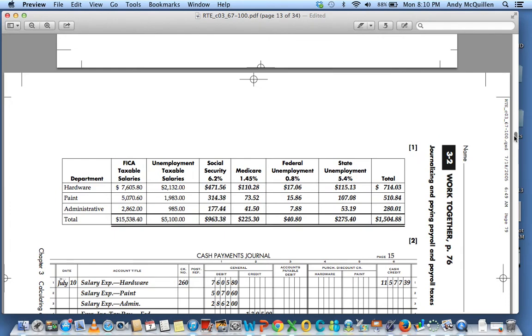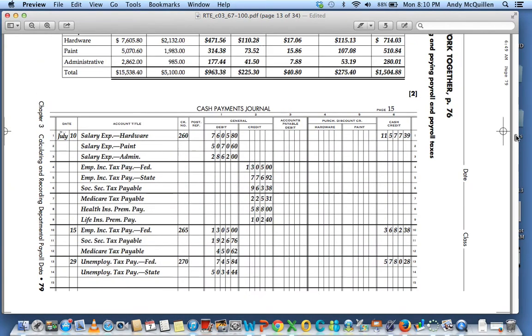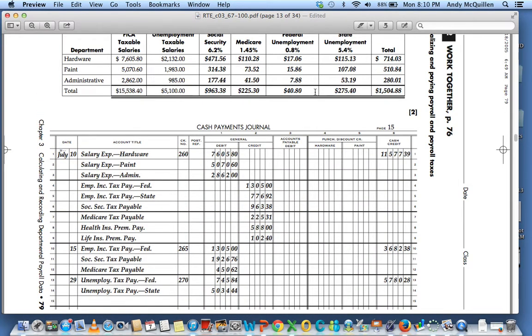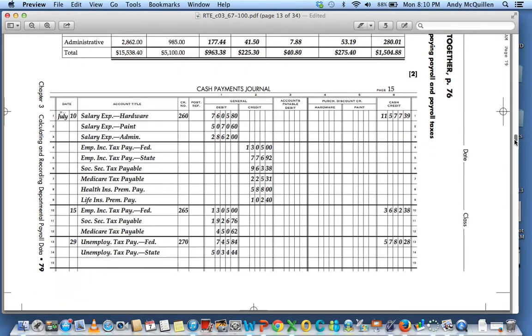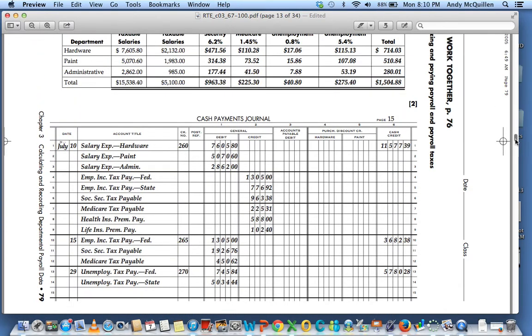And those are the ones that you calculated in this table, which is kind of handy. And then your Social Security, Medicare, unemployment, federal, and state are also calculated in that table as well. Okay, as you can see, that's where we pulled those numbers from. So kind of nice, you've got all that information right there.